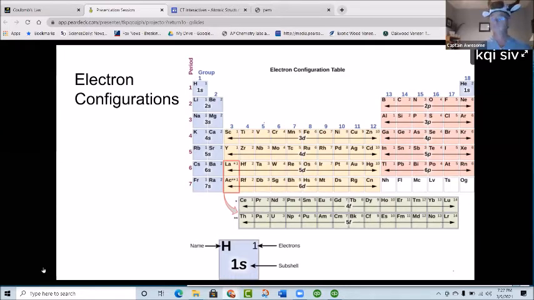But electron configurations are super hard the first time you do them in regular chem. And then you're like, this is the easiest thing in the world. So just keep in mind that you're going to need to be able to write electron configurations, and you're also going to need to be able to write electron configurations for ions. So for example, magnesium has 12 electrons.